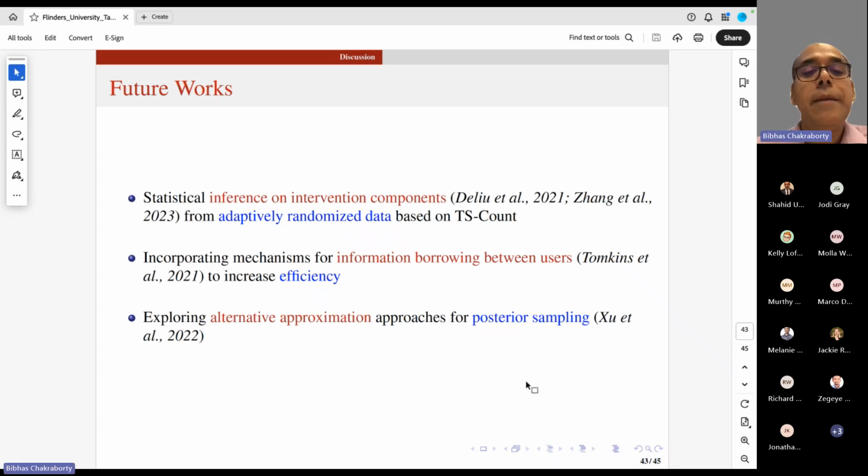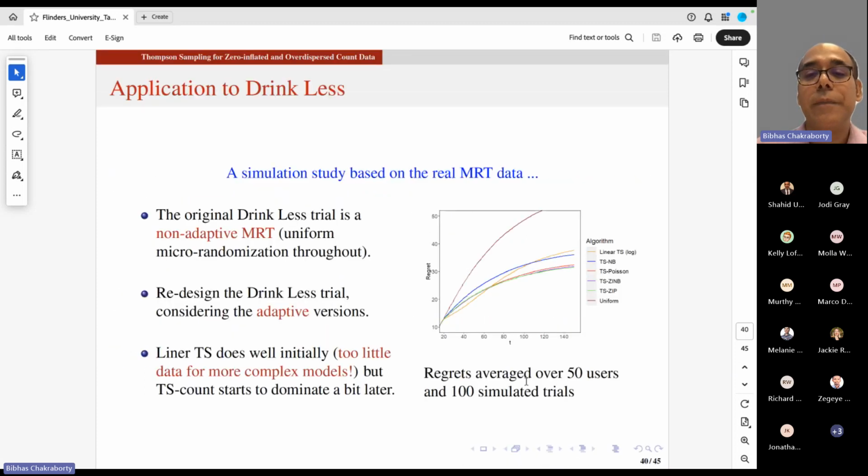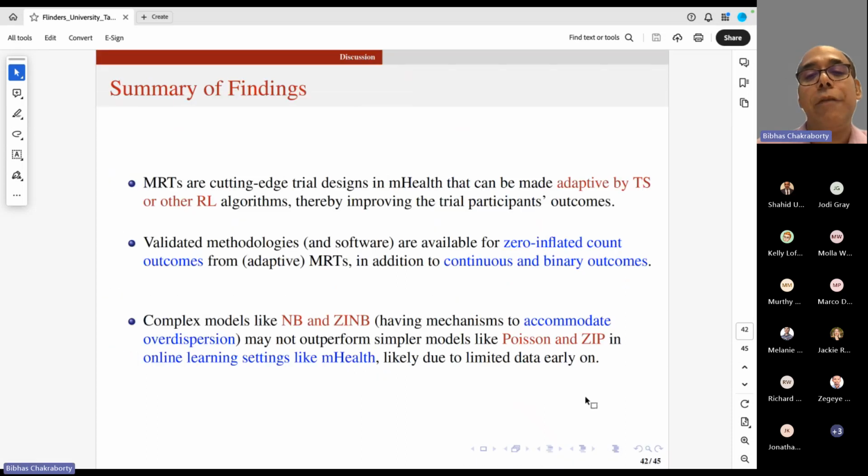And then the second point is about information borrowing between different users to increase efficiency of our estimation. Because here, the results that I showed are regrets averaged over 50 users. We can view every user as one trajectory learned by an algorithm.